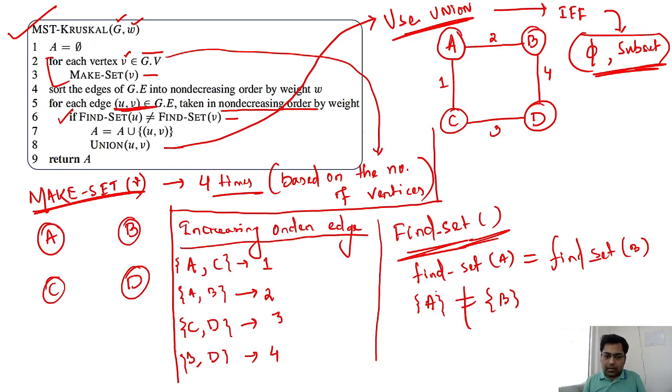So the lowest one will be picked first, which is a with c. If we check find set, we must say no. So with the a, a is written as an array or a set, where we can add a and c.